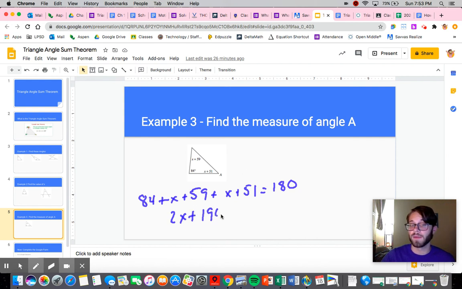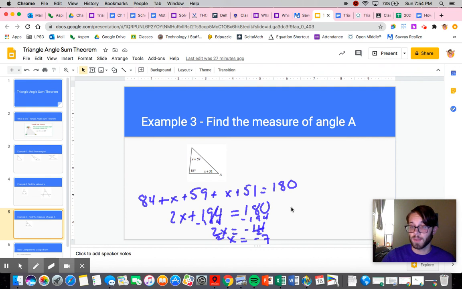But anyway, 194 was 180. All right, when I subtract the 194, I get 2x equals negative 14. Divide by 2, I get negative 7. Right, so I just subtracted the 194, canceled that. Divided by 2, I got x equals negative 7.